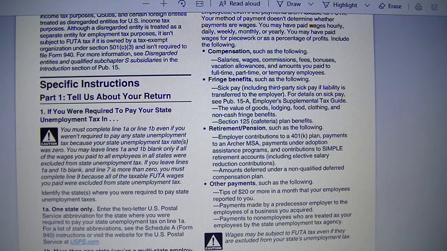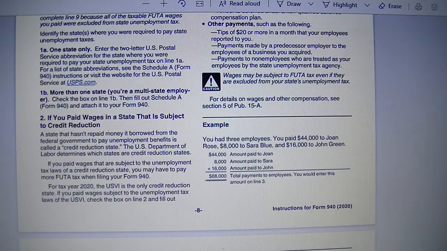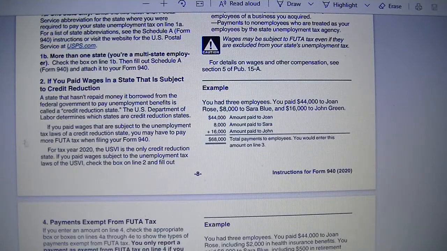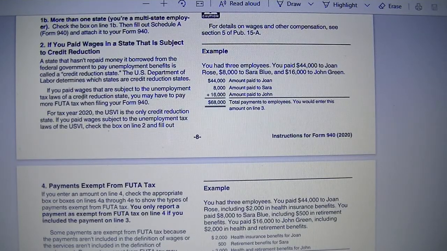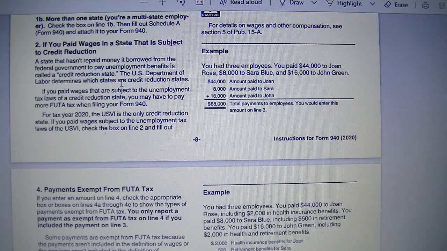And you'll find information in the instructions, and all the links will be in our free download section on our blog ninasoap.com. So if you pay wages in a state that is subject to credit reduction, a state that hasn't repaid money it borrowed from the federal government to pay unemployment benefits is called a credit reduction state.